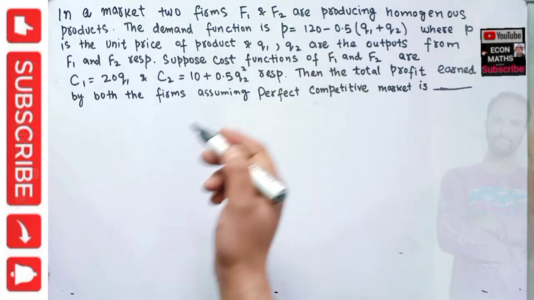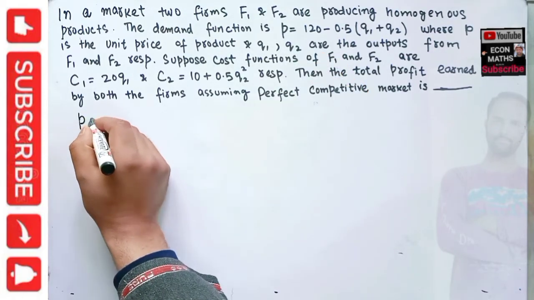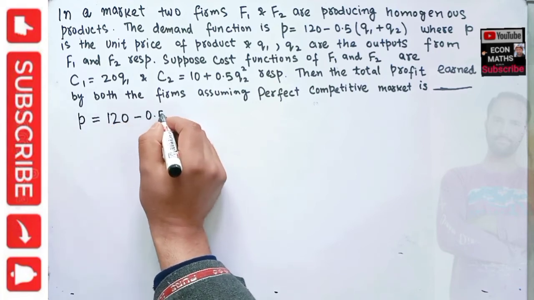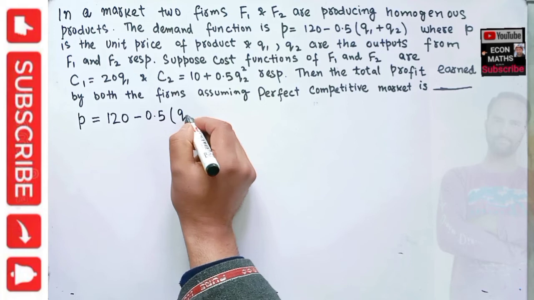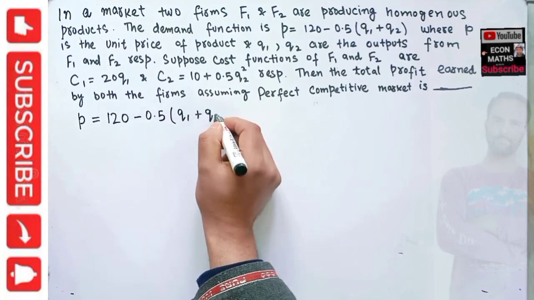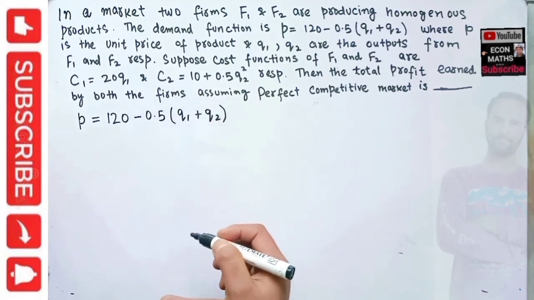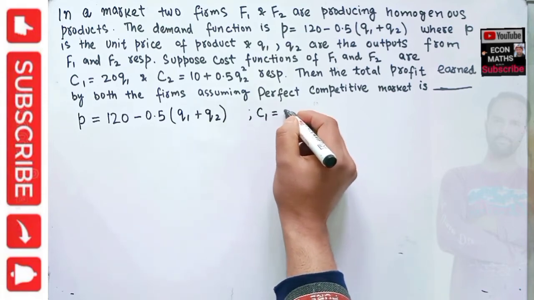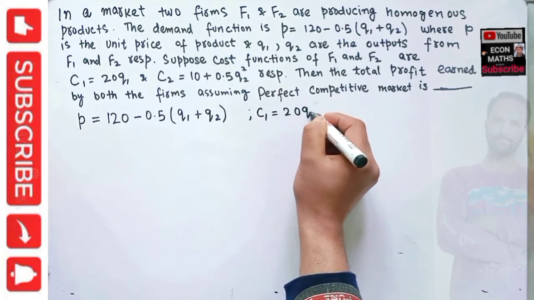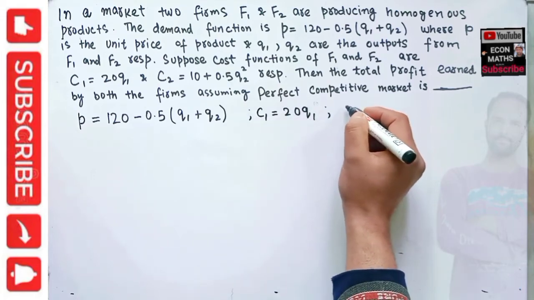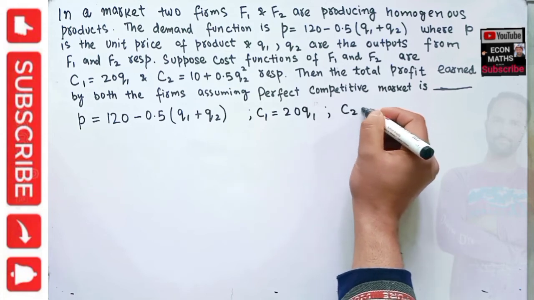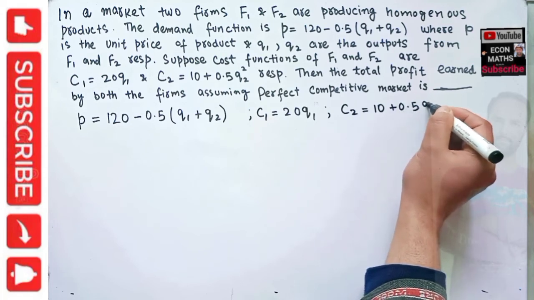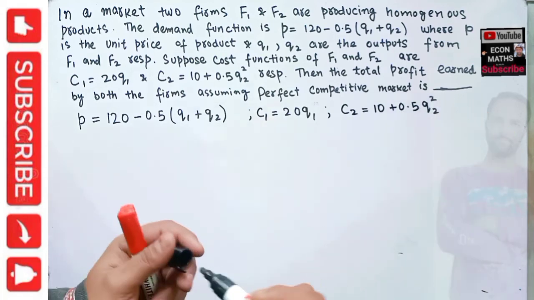So what we are given is the inverse demand function, 120 minus 0.5 (Q1 plus Q2), and the cost function for firm 1 is 20 Q1, and for the second firm the cost function is C2 equals 10 plus 0.5 Q2 squared.